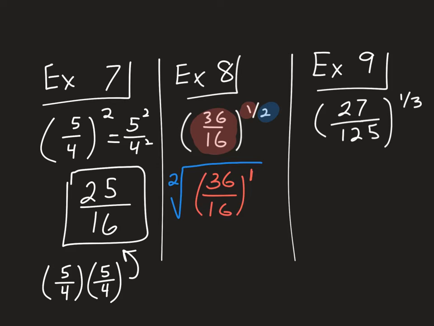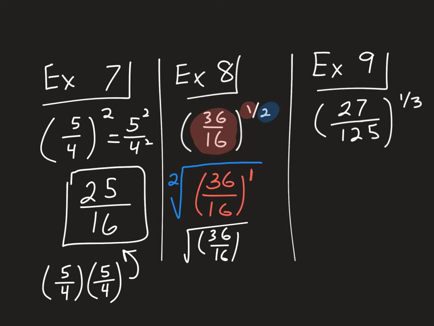And here we kind of have some interesting things. So first of all, that 36 over 16 raised to the first, well, isn't that just 36 over 16? Okay, and then also if I'm going to be taking the second root, well, the second root is really just the square root, and we don't need to write the 2.